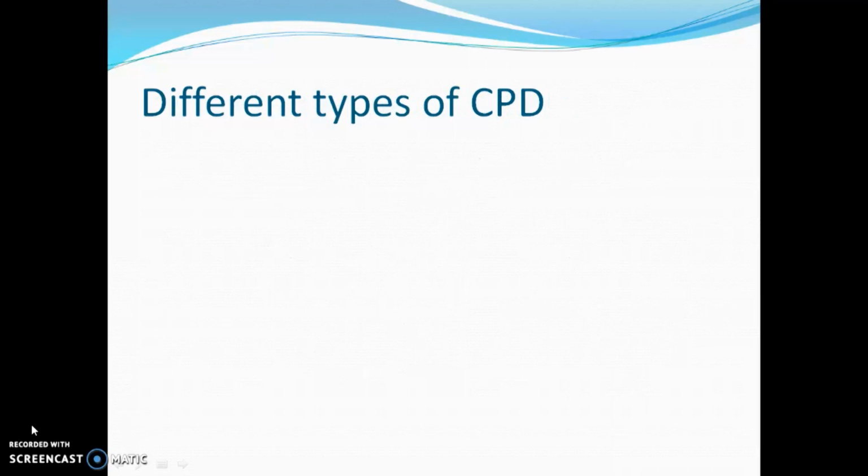After learning the importance of CPD, you are probably eager to know what the continuous professional development activities are. Okay, now you see some of the continuous professional developments.